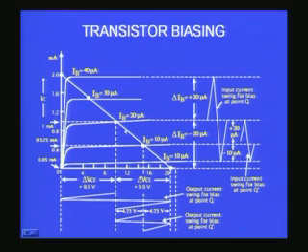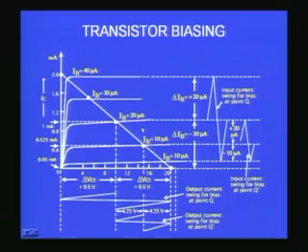And therefore, in general by drawing the load line and choosing the Q point, I become very familiar with the maximum amplitude that I can apply at the input to obtain an undistorted wave at the output. So, this also is one of the very important considerations in looking at the load line.